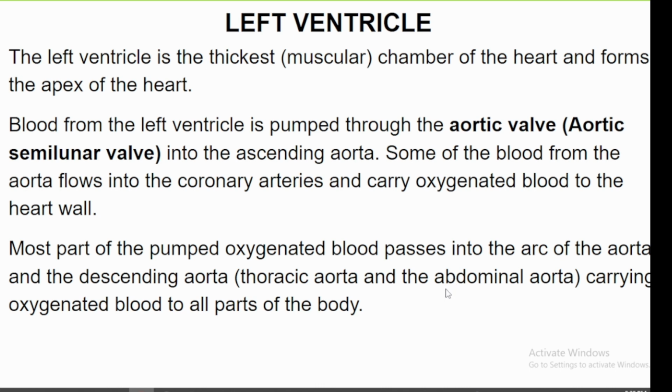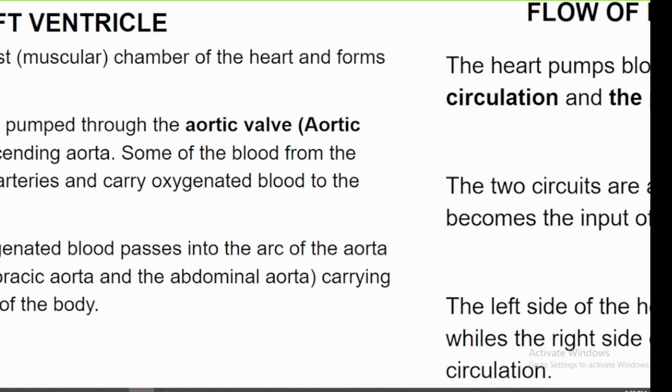You understand? In all this, it is carrying oxygenated blood to all parts of the body. So the function of the left ventricle is simply pumping oxygenated blood through the great arterial vessels to all parts of the body. As simple as A, B, C. Let's go.